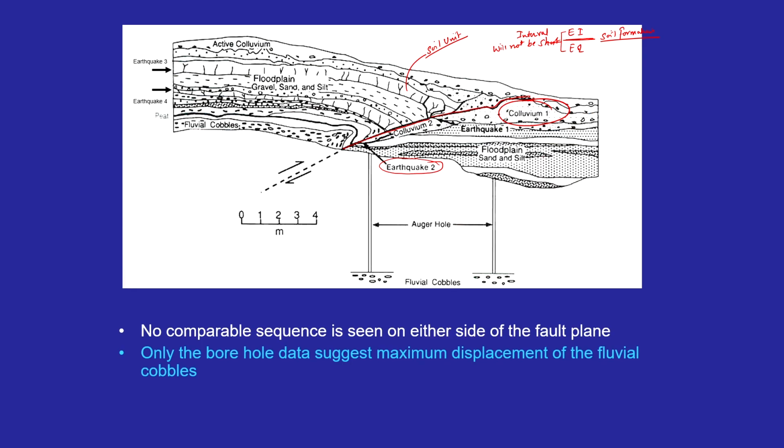In this, another important point has been shown: sometimes you may not come across a comparable sequence on either side. Let's say we have different units, and when they are displaced or deformed, we expect that they will be seen somewhere over here also, on the other side of the wall.